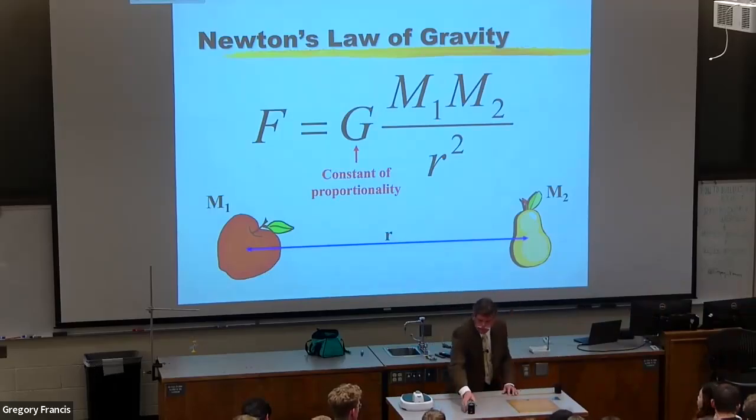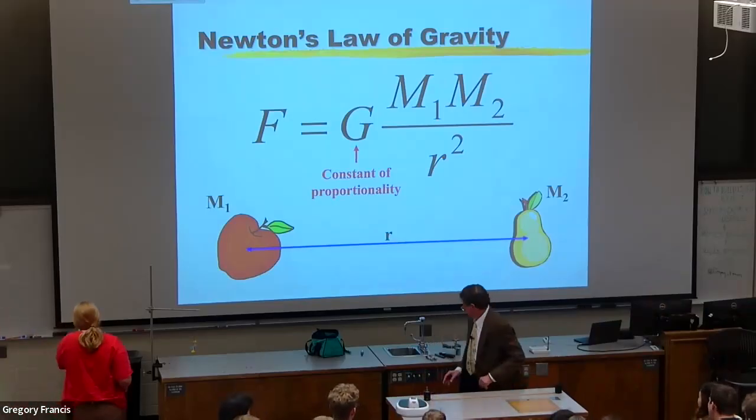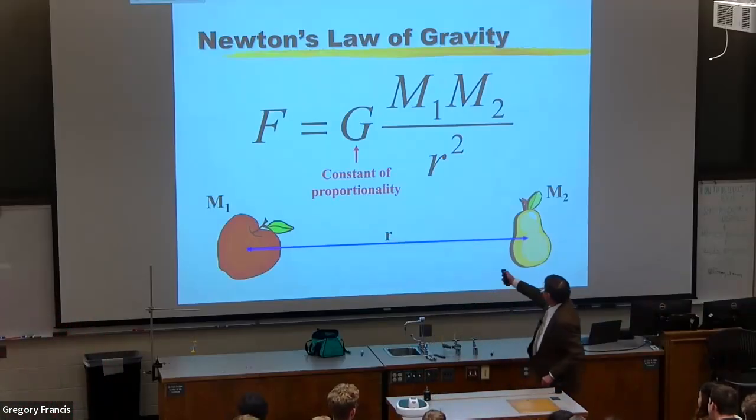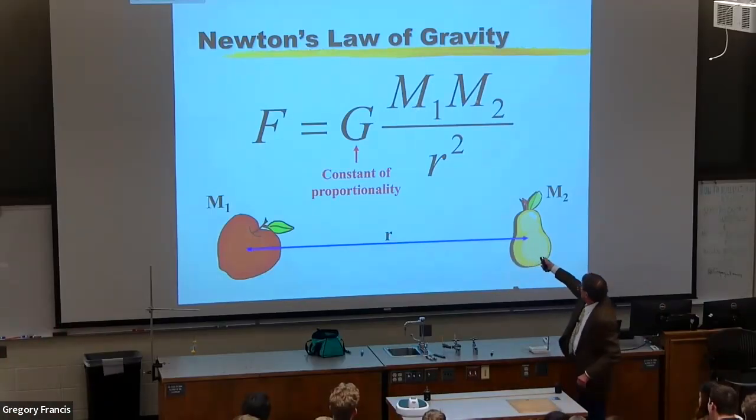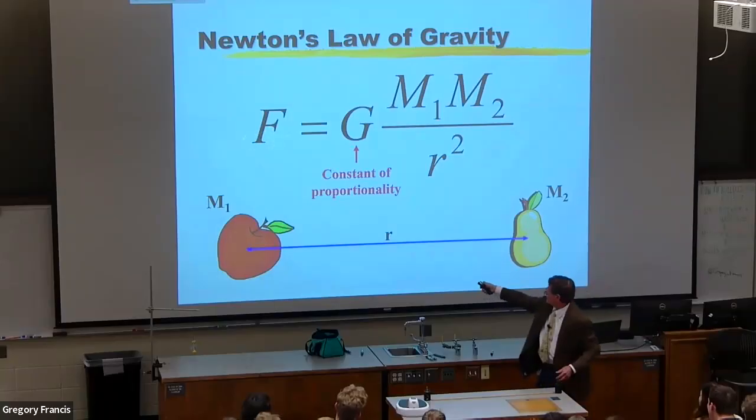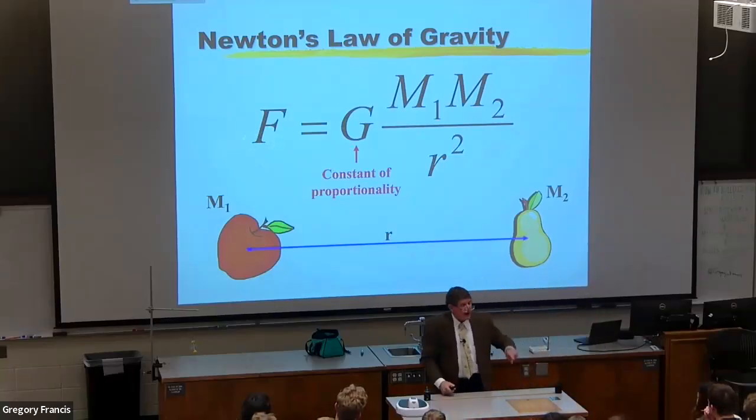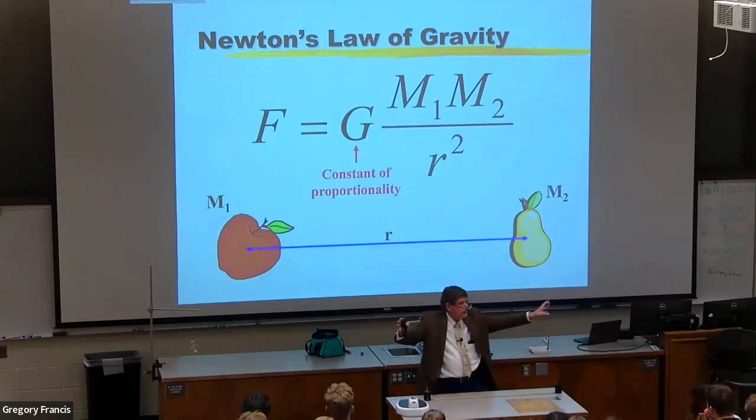If I take 1 kilogram and put it 1 meter away from 1 kilogram, well, that's going to be 1, that's going to be 1, that's going to be 1 squared. If I could measure the force between those two, that would be that constant. And if I could measure it just once, I would know it for all time and in all space.